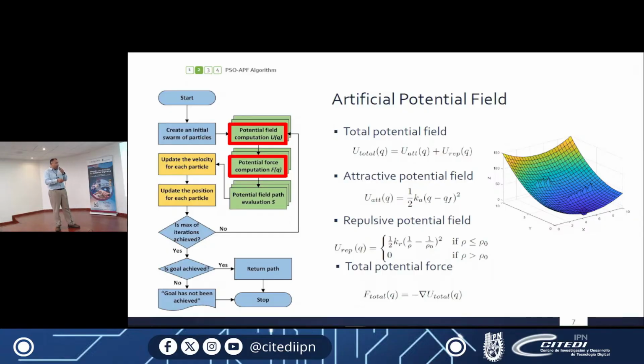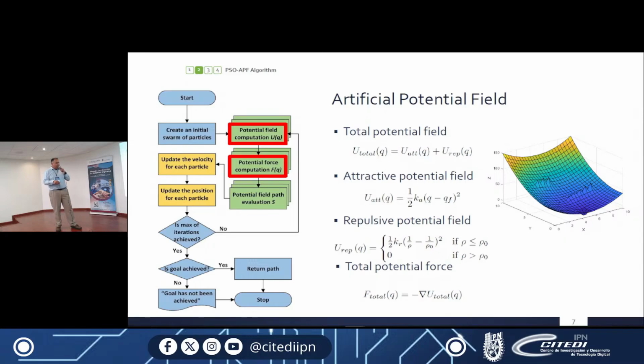So that's the main reason to parallelize the cost function, because in parallel form, at the same time, we evaluate all the particles using the artificial potential field.